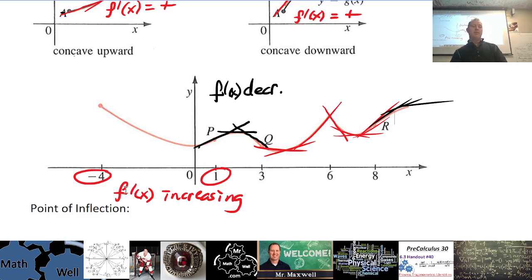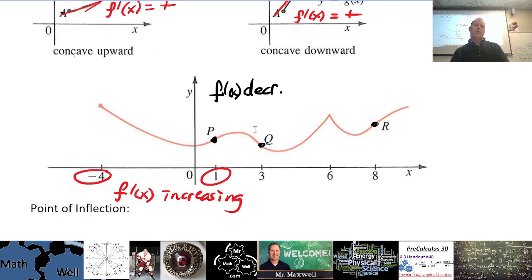We need to see how the first derivative is changing as we move from left to right. Now, point of inflection. I need to talk to you about the point of inflection. So we have a point of inflection here at P, and at Q, and at R. So these points that are listed on the graph are special points. These are points of inflection.